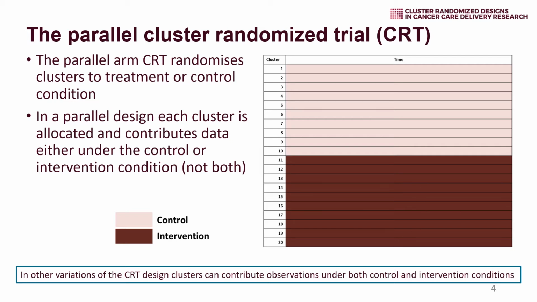So under this type of study design, every cluster is allocated and also contributes data either under the control or the intervention condition, but not both. But in other variations of the cluster design, clusters can contribute observations under both control and intervention conditions. And it's these types of designs that we're going to explore in this session.